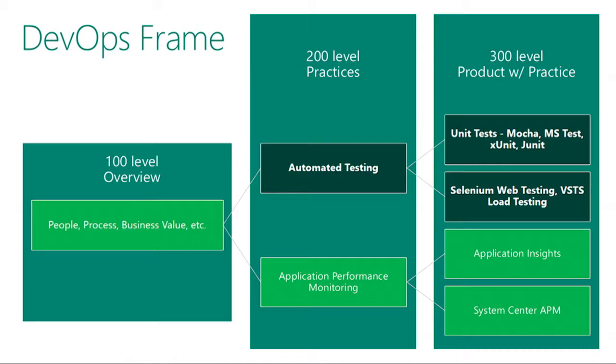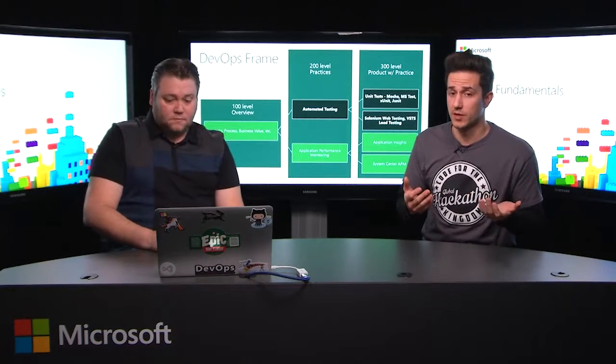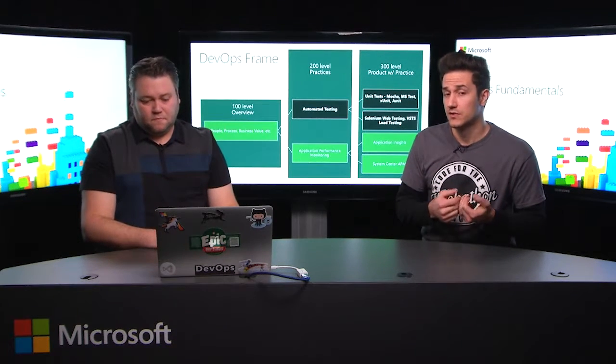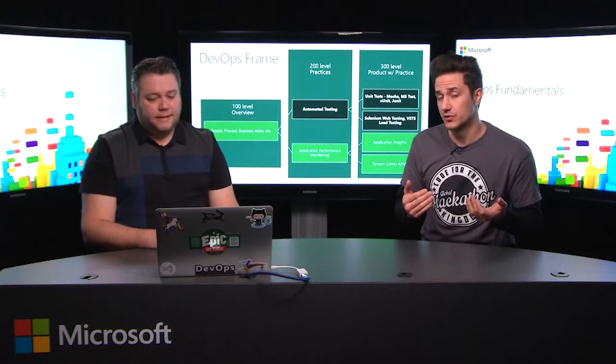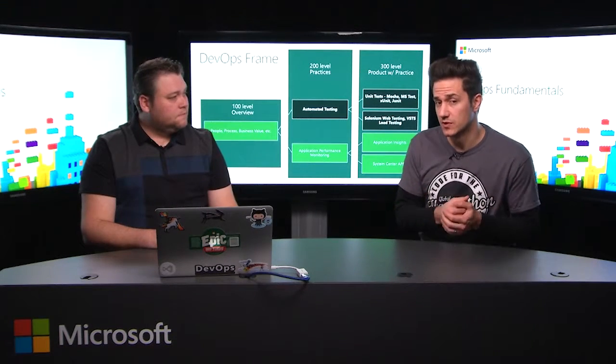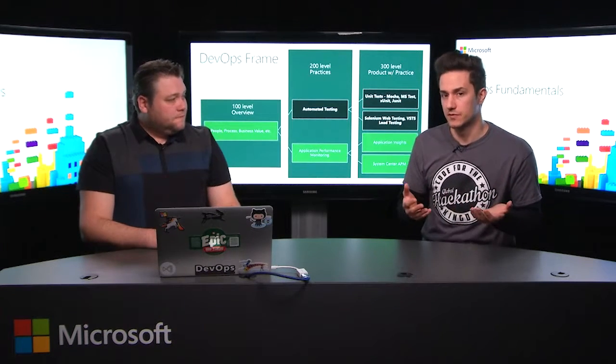For what we're going to talk about today in Microsoft solutions, the two major ones are Application Insights, which is what we're going to cover today, and System Center, which also has an application performance and availability monitoring subsystem inside of itself, which we're not going to cover, although the concepts are exactly the same.